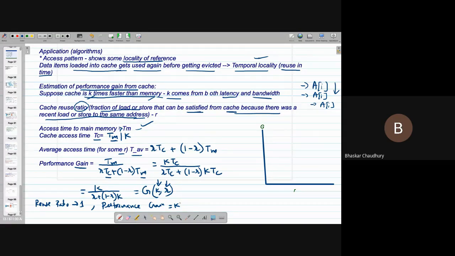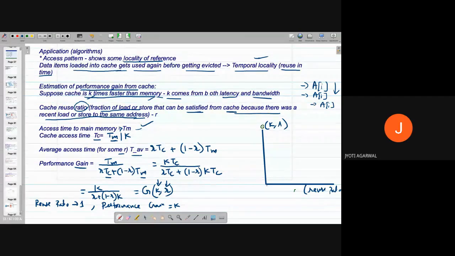Okay, now let's look into the performance gain, which is in terms of K and R, and let us plot it for different values of reuse ratio. When reuse ratio is 0, what will be the gain? 1.